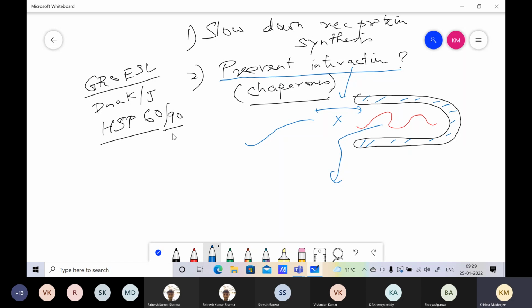There are other ways. Chaperones also carry it to the periplasmic space where there is a proper oxidation-reduction environment which allows good disulfide linkage formation. They promote disulfide linkages, DnaK, DnaJ. HSP is a heat shock protein which prevents protein degradation in exactly the same manner by entrapping the protein inside a structure.